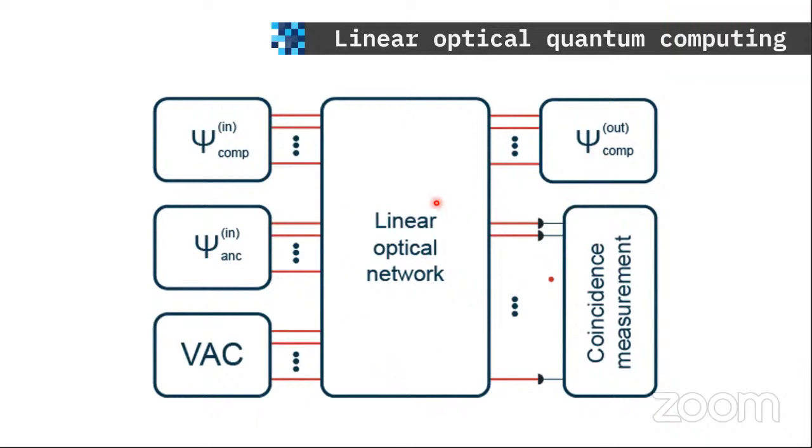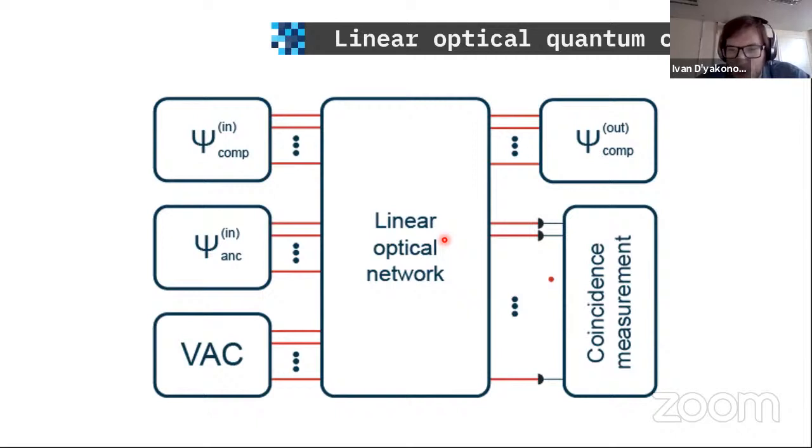Well, that's a tricky question because if I have to use memories to store my state to do active feed-forward, then if I have efficient memories, I would use them for deterministic gates. So I was talking about the linear optical implementation of the memories.